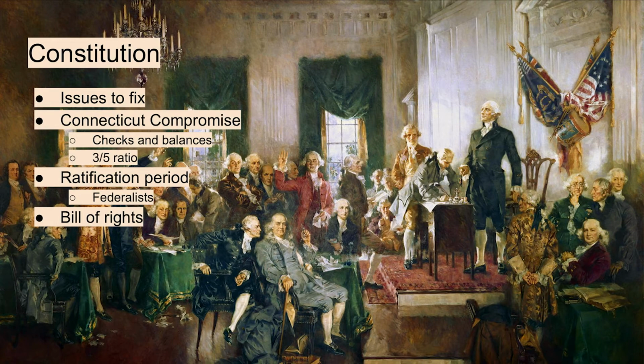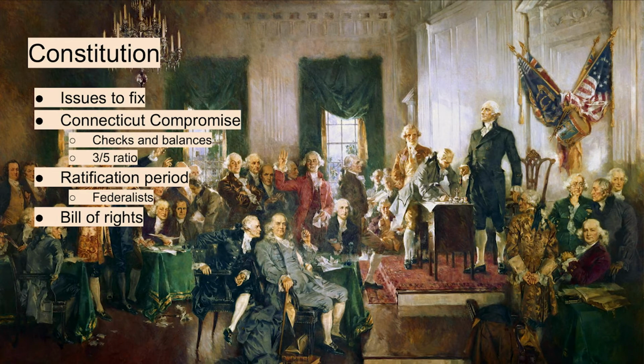Contrary to what you will often hear about 3/5 of a person, the 3/5 compromise is actually trying to remove power from slaveholders by saying that no, slaves don't count as a full vote since they don't vote. Instead, it is 3/5 of a vote. This matters in terms of how many congressional seats you have in the House.